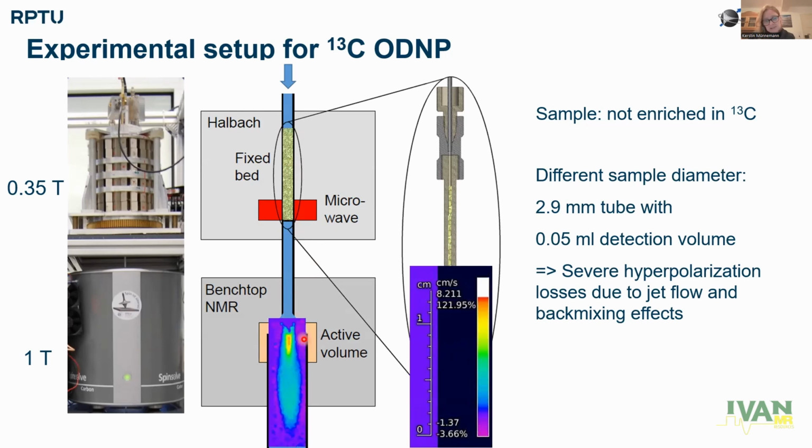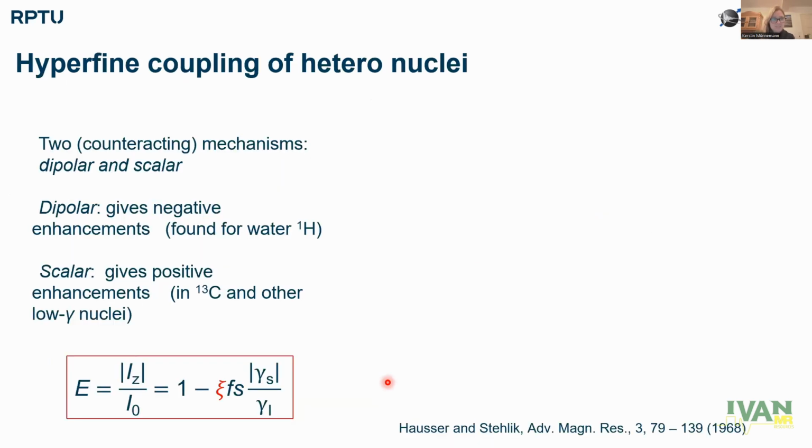So that means that your sample volume is not filled completely with your hyperpolarized liquid, but here comes just a jet out of it, and here are still a lot of thermally polarized spins, and you have some backmixing and really, really bad flow dynamics that you obviously don't want to have. But we will see if we can do carbon-13 measurements with that. Because at the moment we are building something better, but it's not there yet.